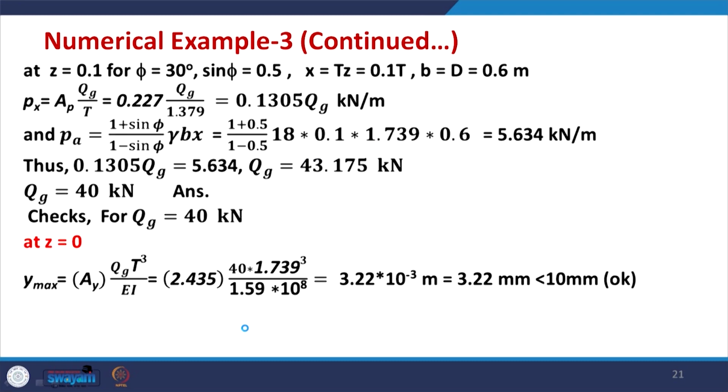For Z equal to 0.1, for phi equal to 30 degree, sin phi is 0.5. Px is given by the relation, so you put the value of Ap for Z equal to 0.1 and put the value of T. Ultimately you end up with Px equal to this, while Pa is given from this relation, which is ultimately at x equal to Tz, that is 0.1 into 1.739, and B is 0.6, the diameter, and 18 is the value.